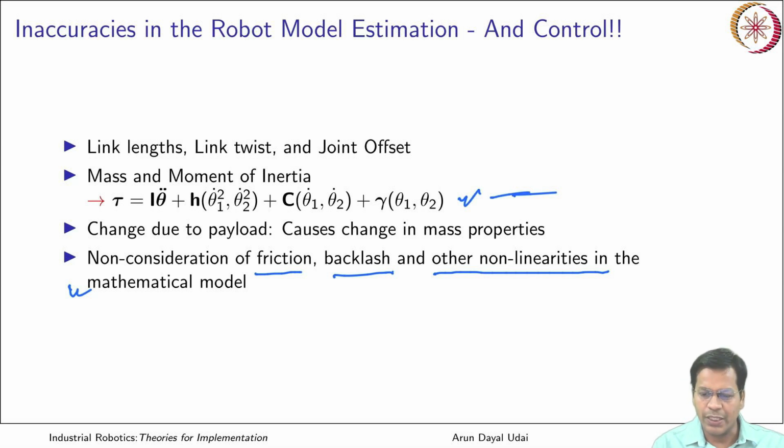Got it? So using this alone is not sufficient. You have to either identify those non-linearities if they are there, or take care of them by the controller itself. How does the controller take care of all those uncertainties? We'll discuss that a bit in today's class, and then later in this module also. So these are some of the reasons why a robot controller is required.